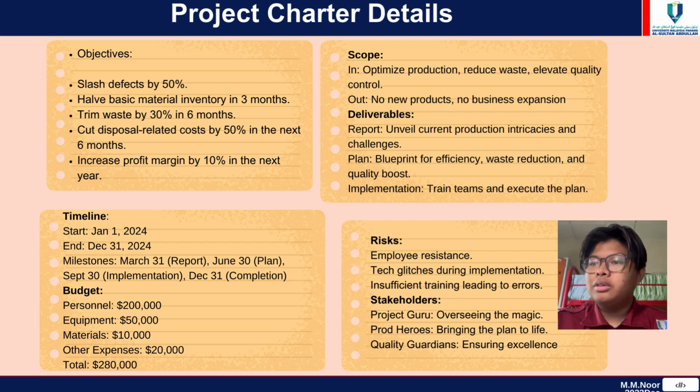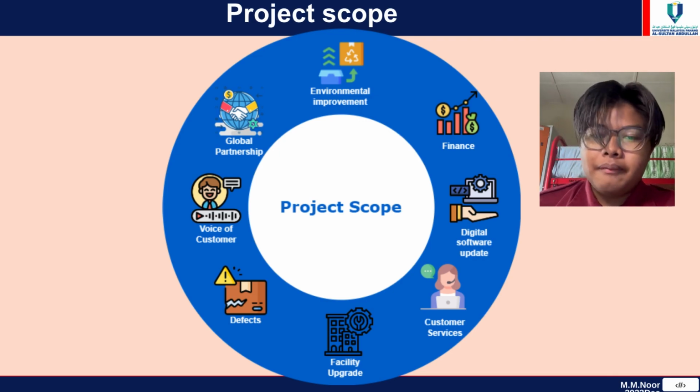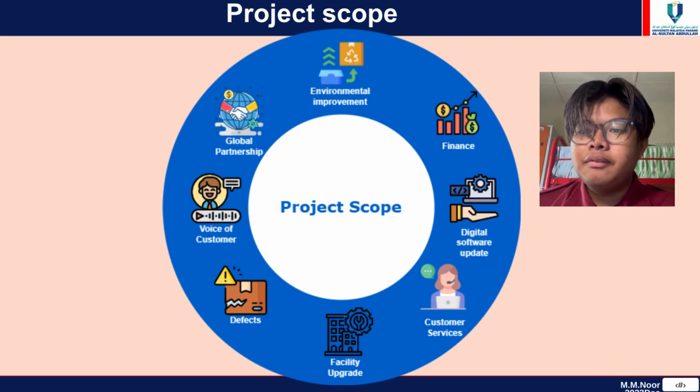And our scope is also to reduce waste, optimize production, and elevate quality control. We also identify some risks such as employee resistance, tech glitches, and insufficient training leading to errors. Next part is our project scope. Our project scope includes environmental improvement, finance, global partnership, voice of customer, defects, facility upgrade, customer service, and digital software update.